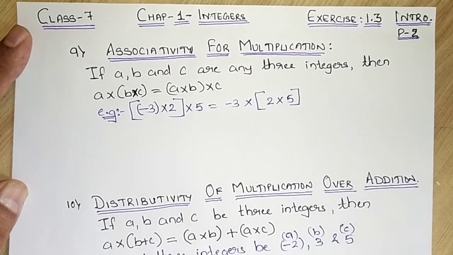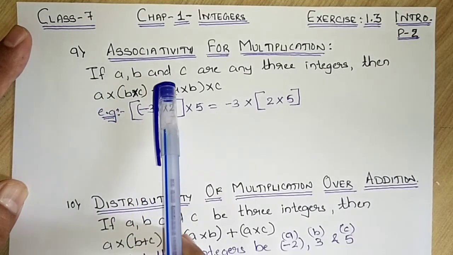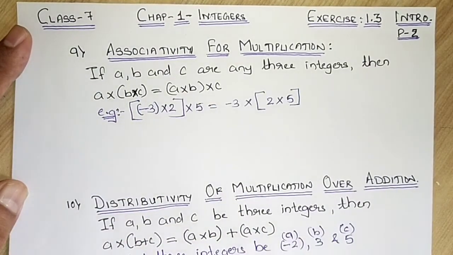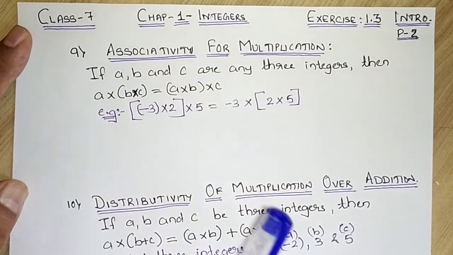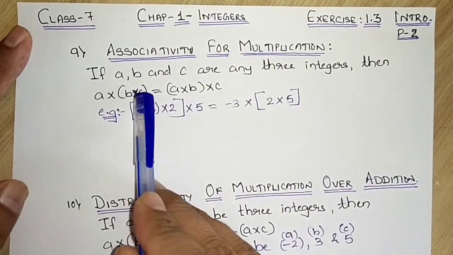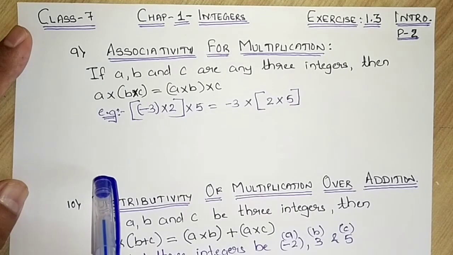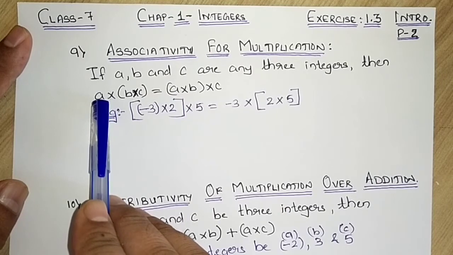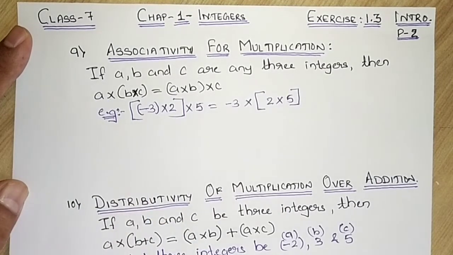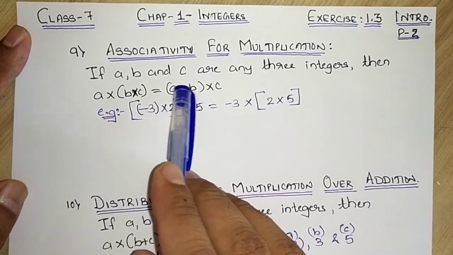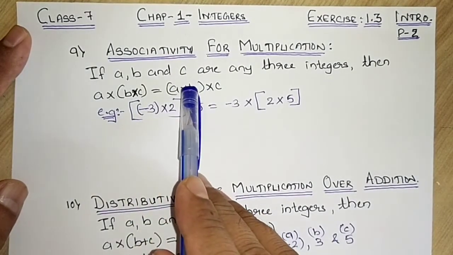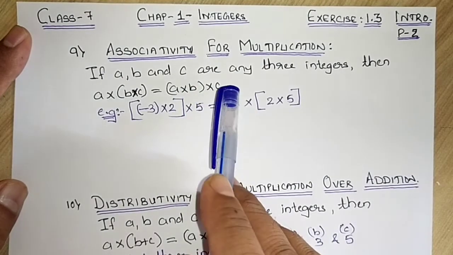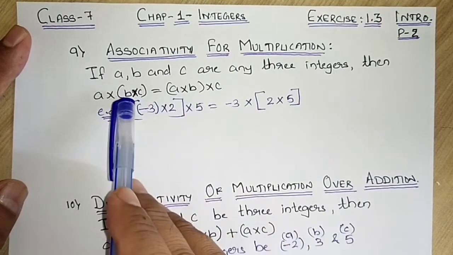It says like this: if A, B and C are any 3 integers, then if you group second and third in multiplication and then multiply the resultant answer with the first, or if you group first and second and multiply them, and multiply the result with the third one, you will get the same answer.